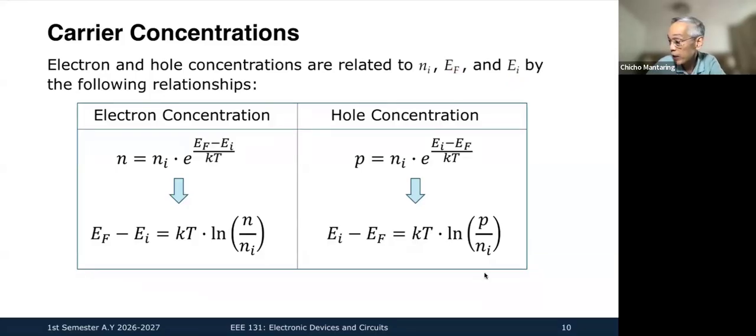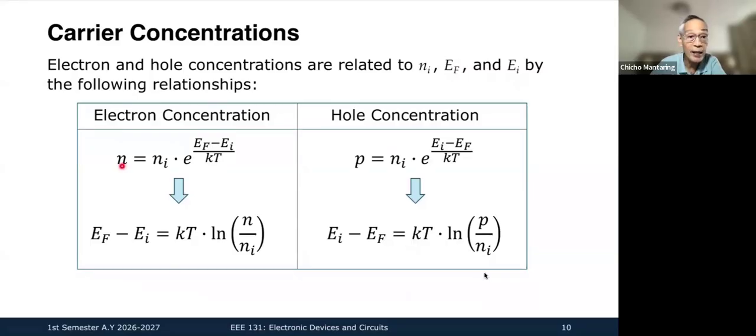Kapag dope na yung semiconductor natin, yung E of F no longer is equal to E of I. Now, we're not going to go through the derivation of these formulas. It takes a deeper understanding of semiconductor physics to derive this formula. So I hope you just accept it as is.